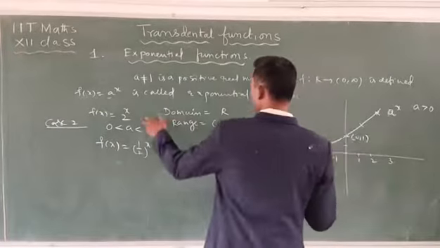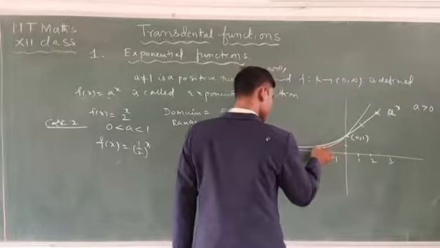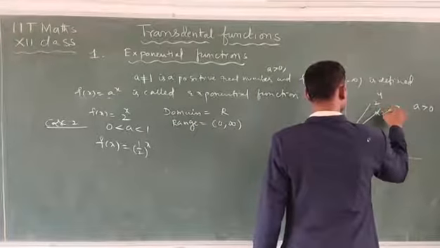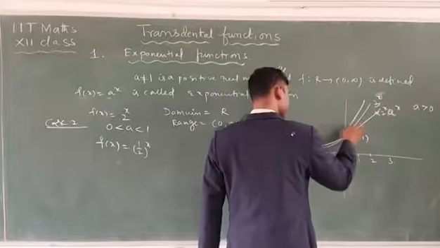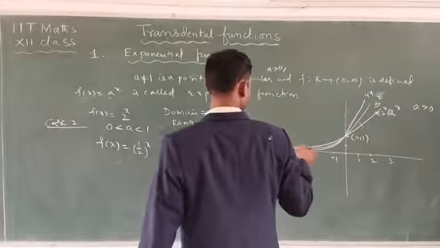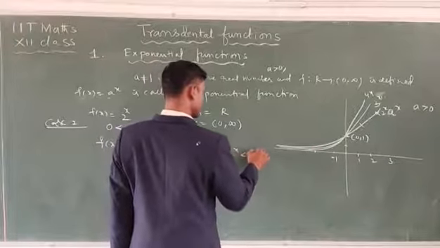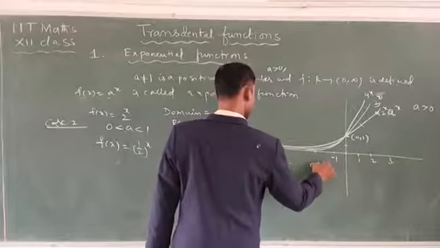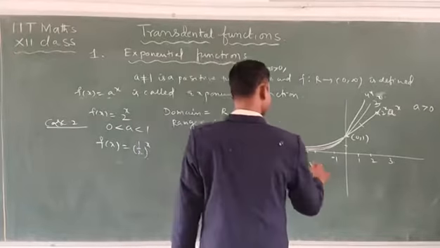Here we have 2 power x, then 3 power x, 4 power x, 5 power x. Now 2 power x is less than 3 power x is less than 4 power x, where a is greater than 1.